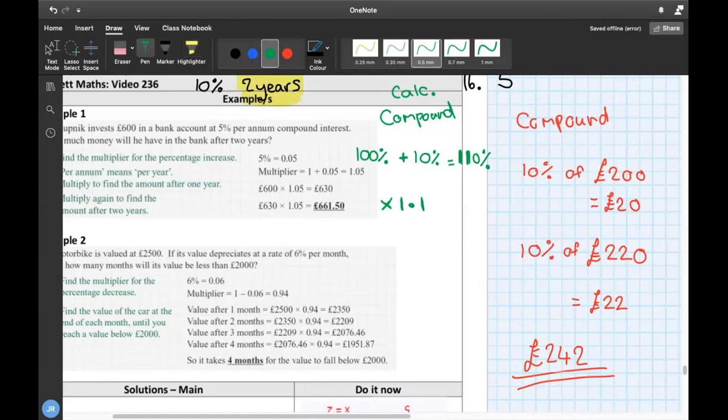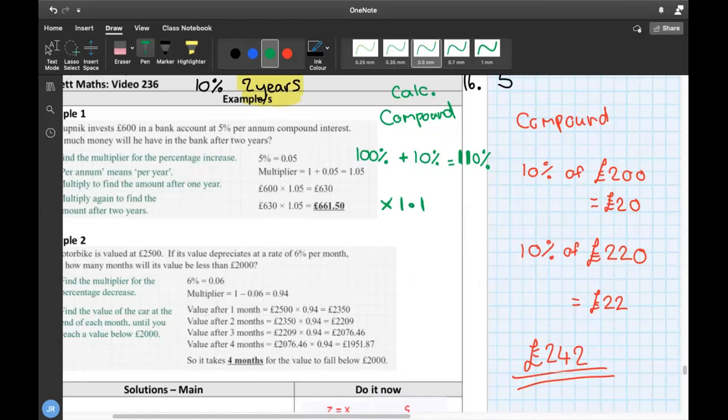What we need to do now, though, is account for the number of years. And the way we can do that is by using our indices. The amount of times you're going to have that interest, it could be years. Sometimes it could be months in a question. It could be weeks, or it could even, in a sense, be people. It's how many times you are finding that interest. Here we've got 2 years.